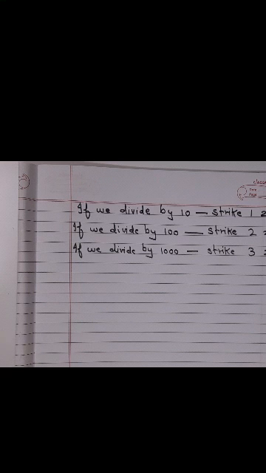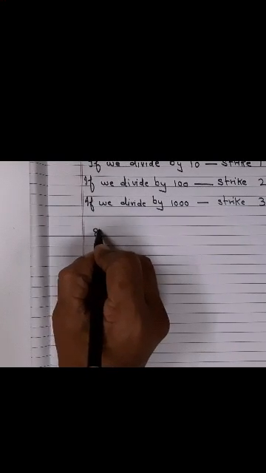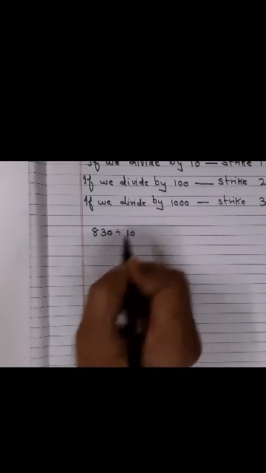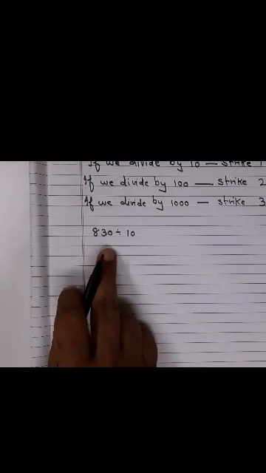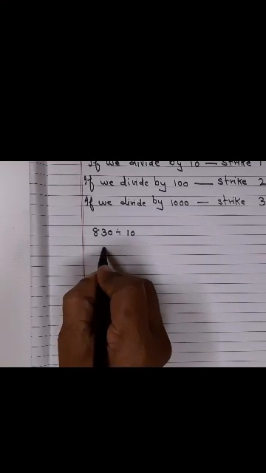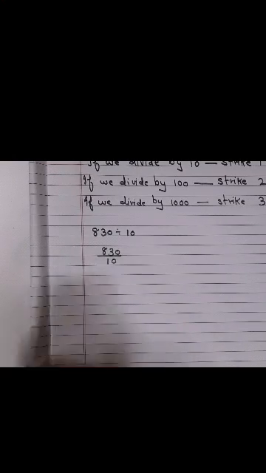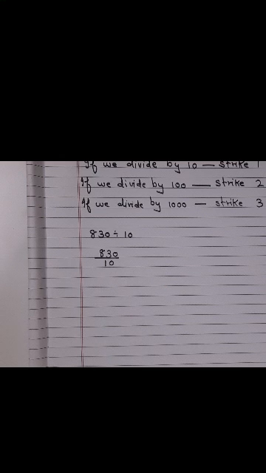Let's take this number 830. 830 divided by 10. Okay. Now children, if you want it simpler, so that you're not confused, you can always use your working column. Right? So what did we say?